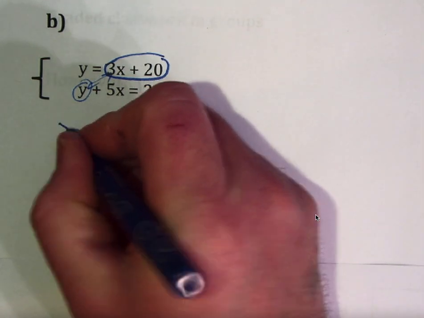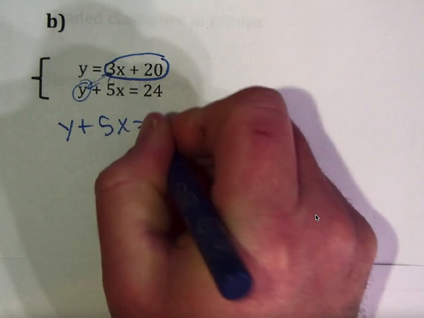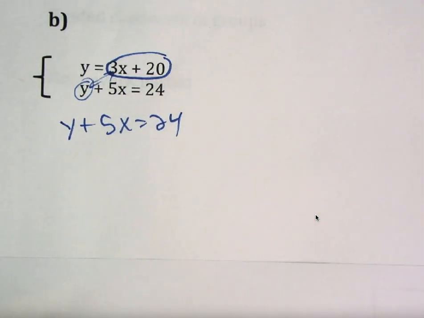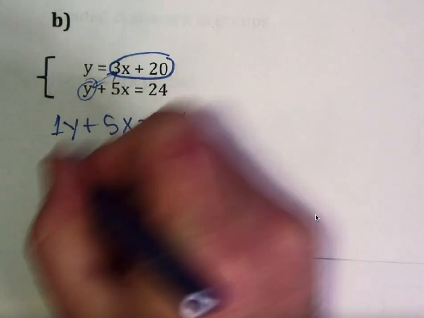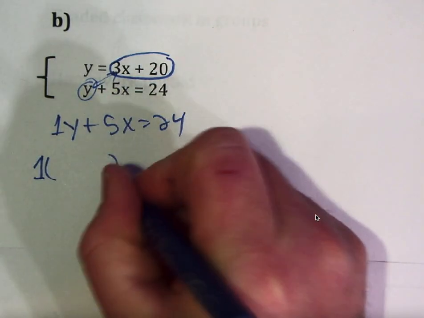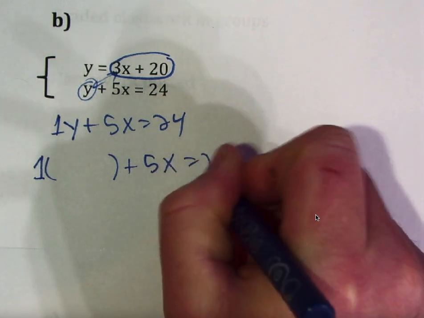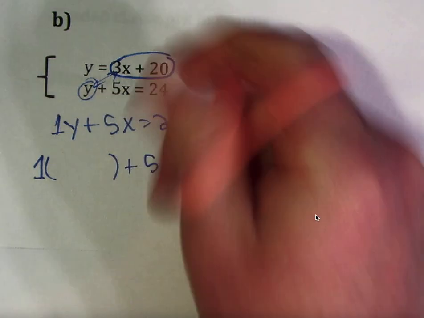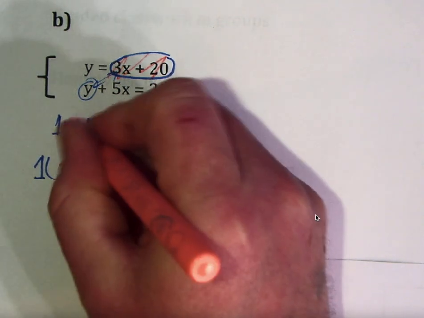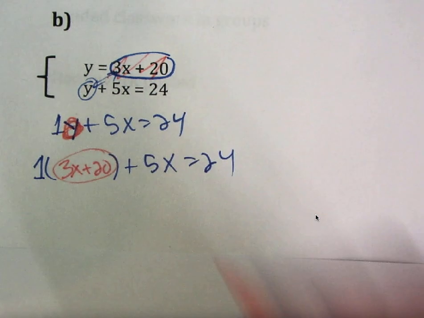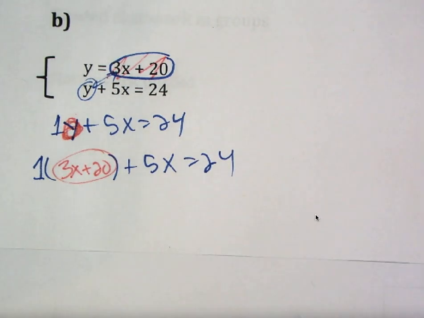So I'm going to take y plus 5x equals 24, and I'm going to replace y. Technically, there's a 1 in front here. With the thing that y is equal to, which is this 3x plus 20. Replace this with that. Again, that's the one new thing.